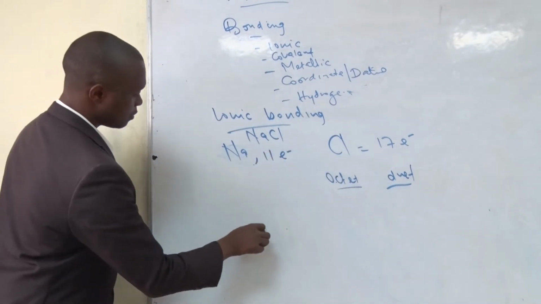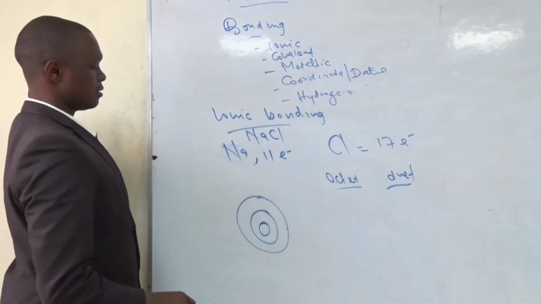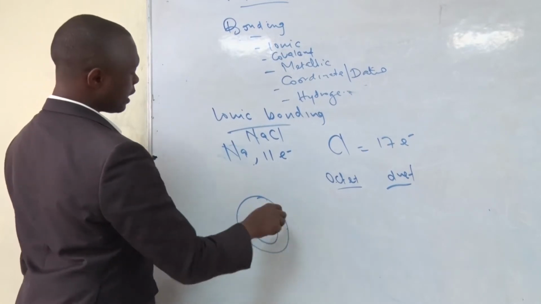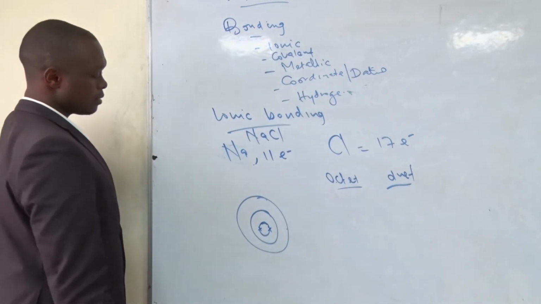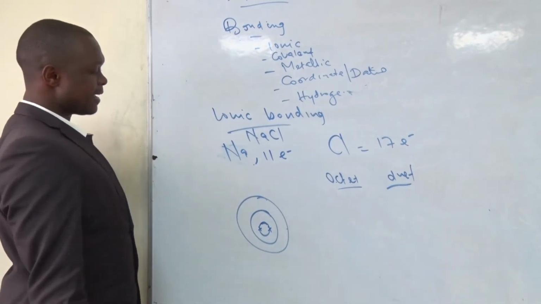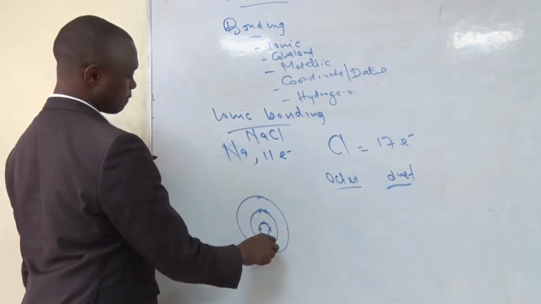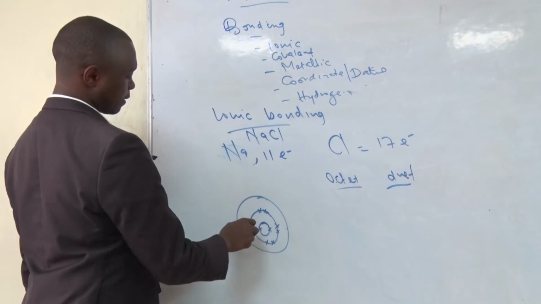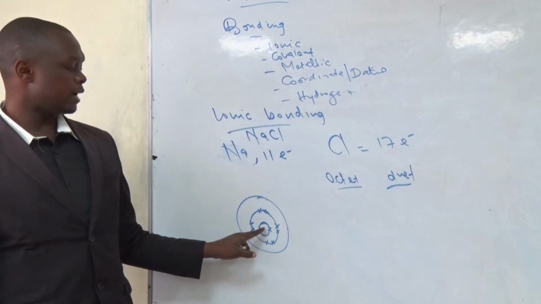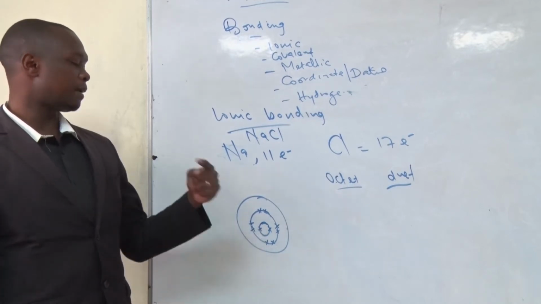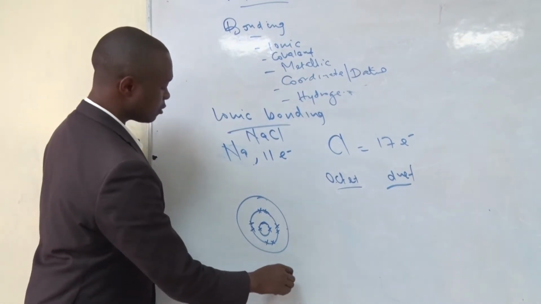Now, we can do it this way. The first 2 electrons in the sodium are there, remaining 9. Then the next 8. The first orbital or energy level in the sodium can only have a maximum of 2, what we are calling the 1s2.